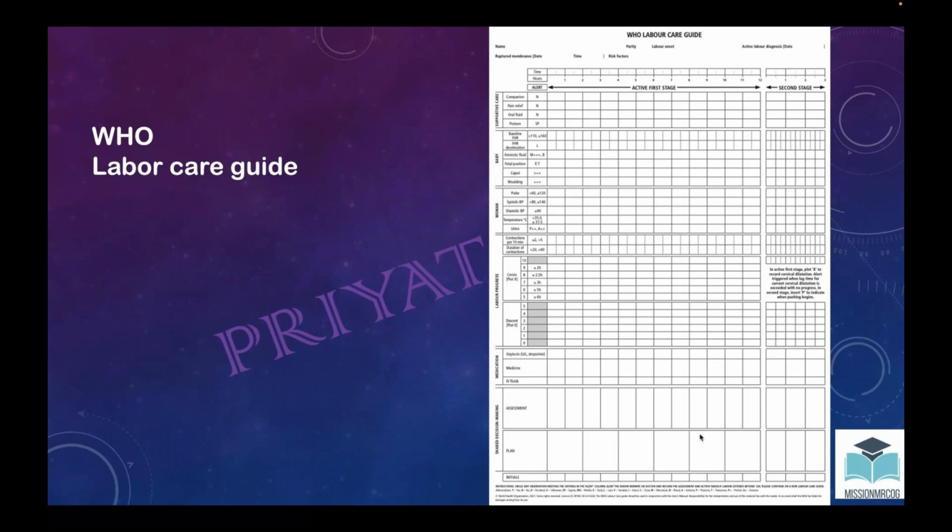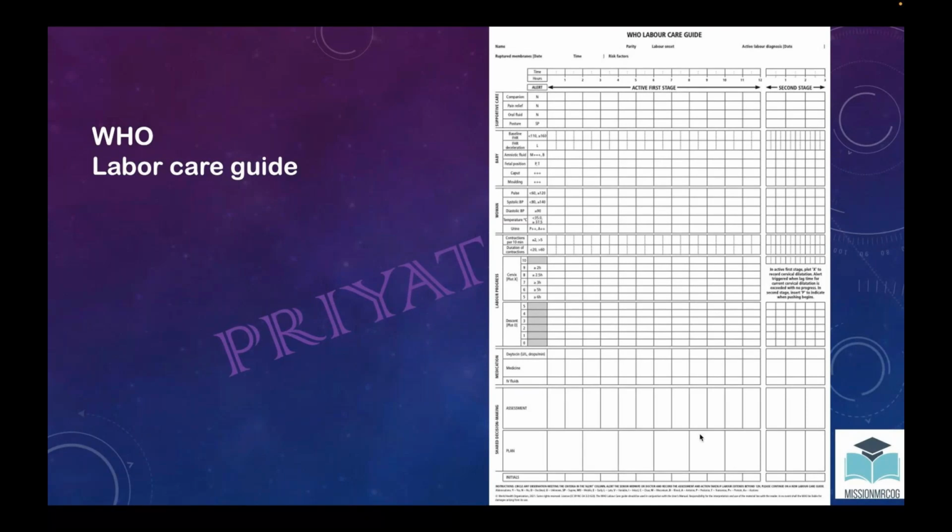So as you can see, there are 12 columns here, and in the second stage we can wait for up to 3 hours, so there are 3 columns here. Next we can see the supportive care column. There are 4 parts to it: if the companion is present, absent, or the woman declines it.